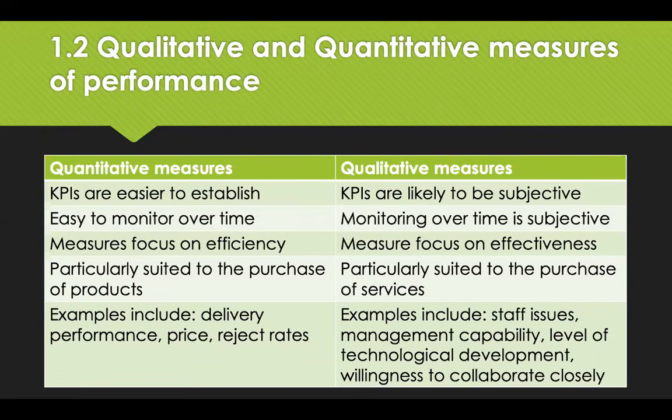They focus on numbers primarily, so it's facts, figures, percentages, reject rates, price, all of them are essentially numbers that we can record. Whereas with the qualitative ones, they're essentially more satisfaction rates and more subjective. So it's things like staff issues, management, level of technological improvements, and the willingness to collaborate. You could also include things like customer satisfaction.